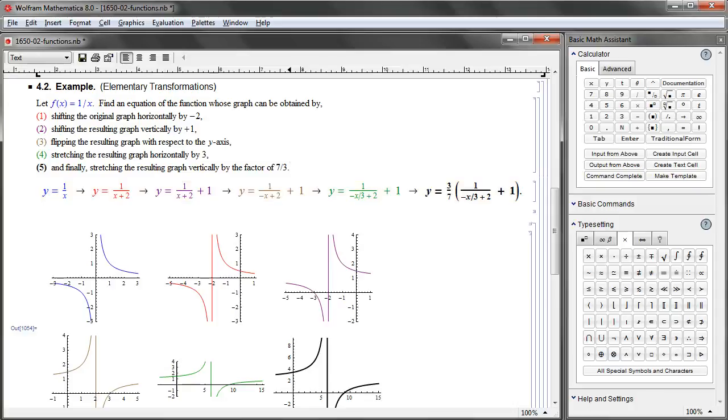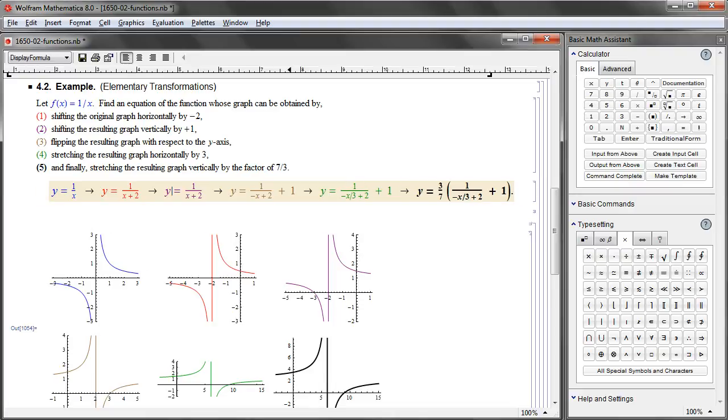Now, let's apply vertical shifting. So inverse operation in y direction, so +1 will become actually -1 here. So y minus 1 is equal to, well, whatever we had in a previous graph, 1 over x plus 2. But then again, in order to take the next step, we have to flip this -1 to the other side. So we end up with this +1.